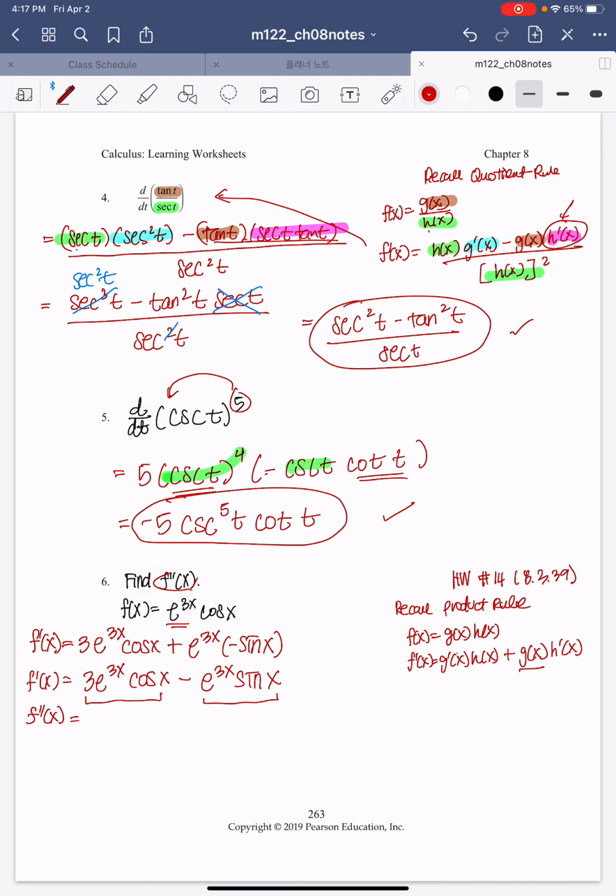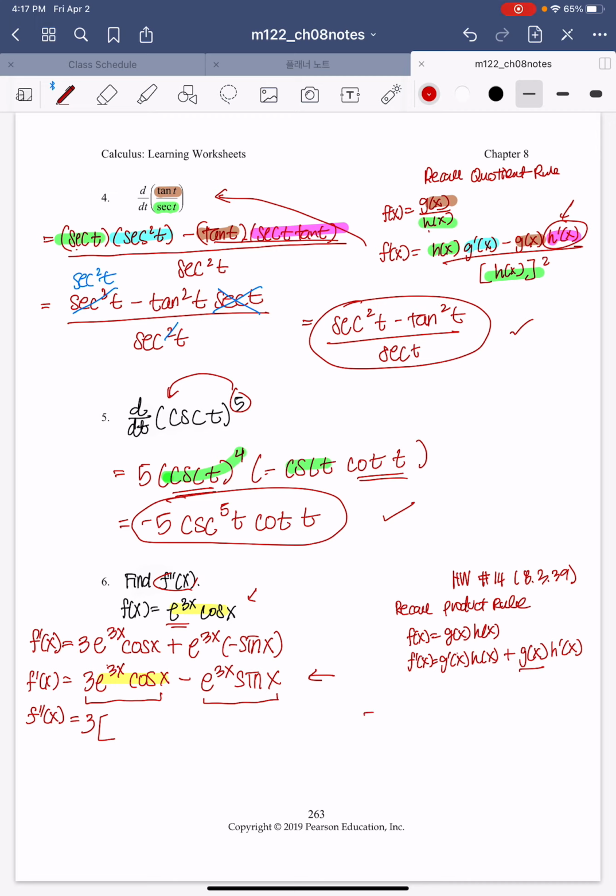Now here's a shortcut. If you really look at it carefully, this first term looks very similar to our original function, except there's a 3 in front. So I'm not going to redo the problem. I'm just going to copy exactly what the derivative of this is, which is this part, and multiply by 3.